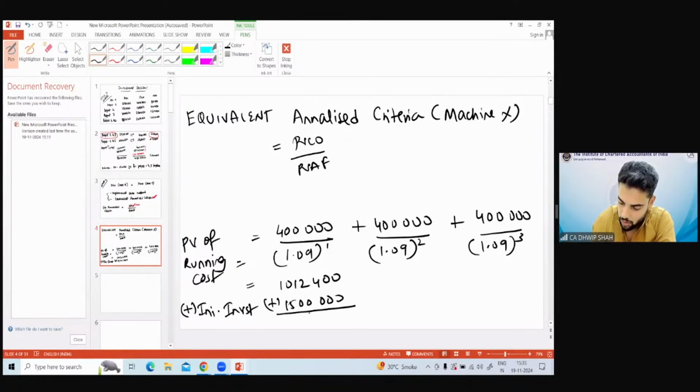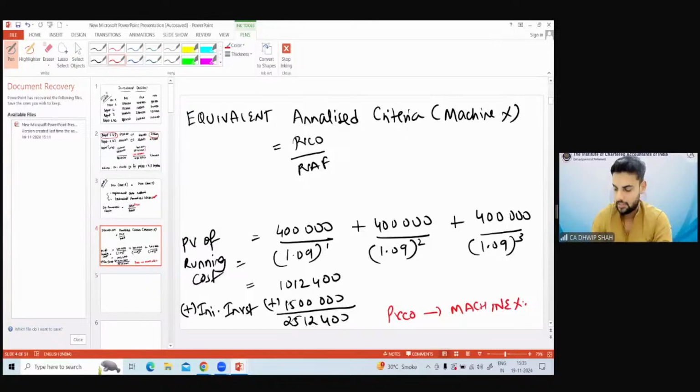So my total PVCO comes to 25 lakh 1 thousand 400. This is my PVCO of machine X. Did everyone follow this? 4 lakh is just the running cost, but I have to spend the equipment cost as well.